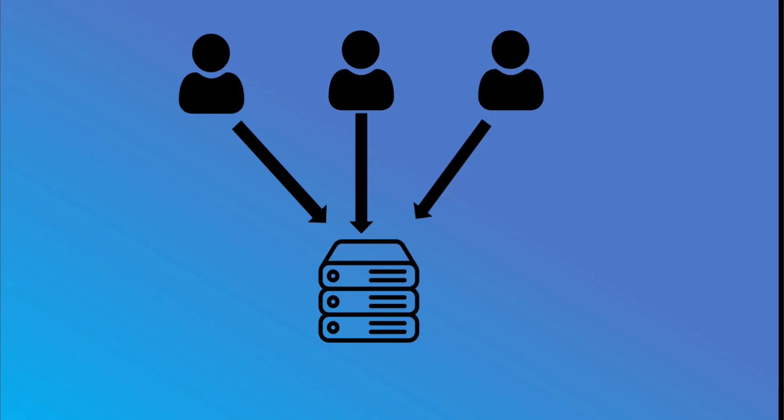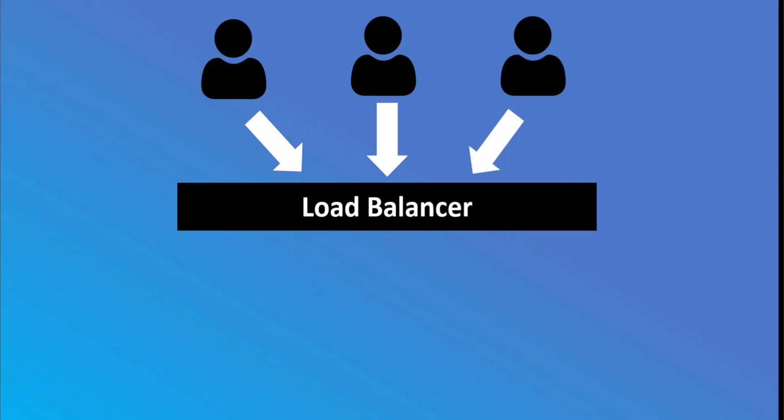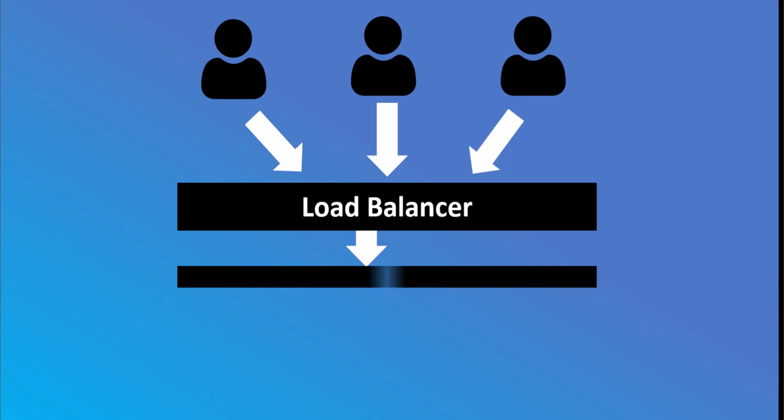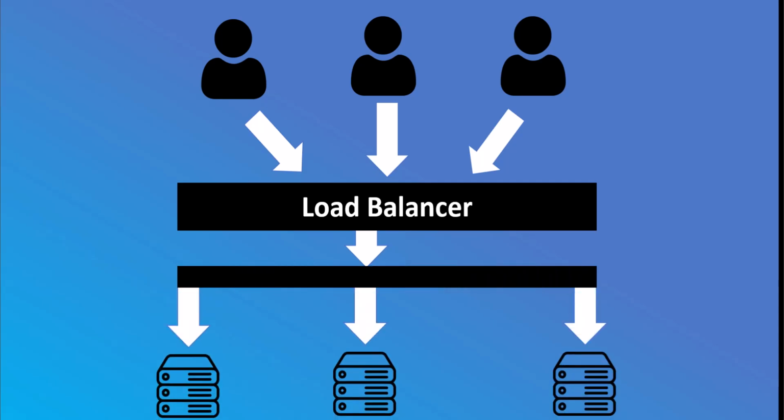Now, how would you solve this problem? To solve this problem, you need to add a load balancer. So what will be the job of this load balancer? The job of this load balancer will be to route this traffic on different servers.